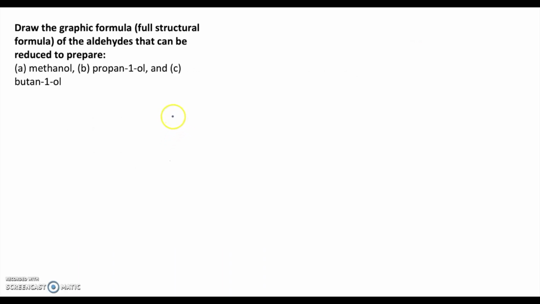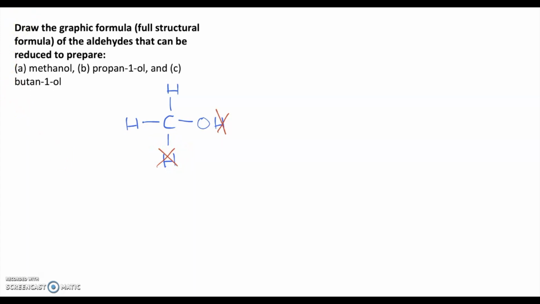Now question 2 is asking you to draw the aldehydes that can be used to prepare methanol, propanol and butan-1-ol. So first of all I'm going to draw methanol, and remember, to make the primary alcohol methanol, an aldehyde must have been reduced. In other words, an aldehyde had hydrogen added to it.